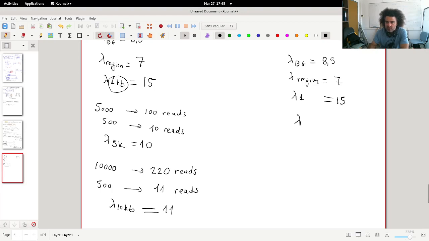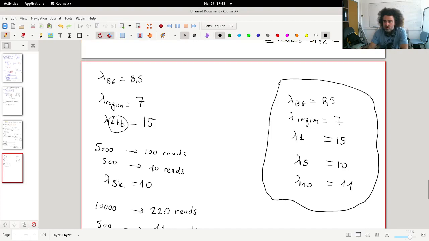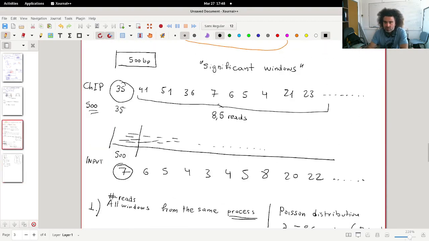We have the lambda 5kb, which is 10. And we have the lambda 10kb, which is 11. Now, if we want to be conservative, we might think the following. Okay, in reality, in our region of interest, we have observed 35 reads.